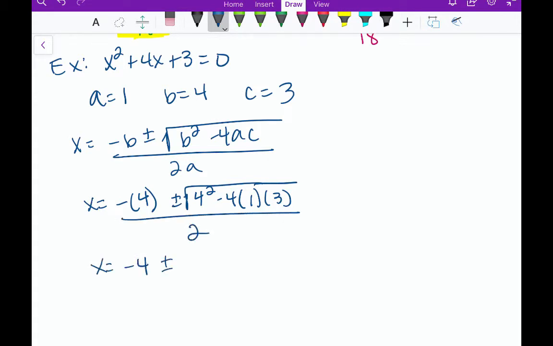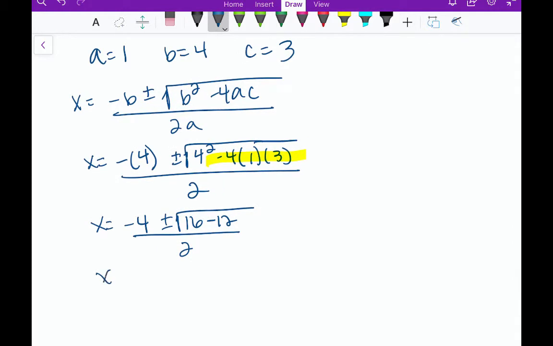x equals negative 4 plus or minus the square root of 16 minus 4 times 1 times 3. Negative 4 times 1 is negative 4, times 3 is minus 12, over 2. x equals negative 4 plus or minus the square root of 4 over 2.